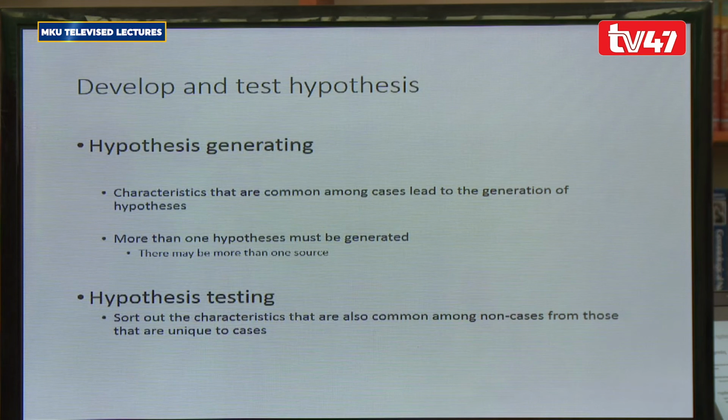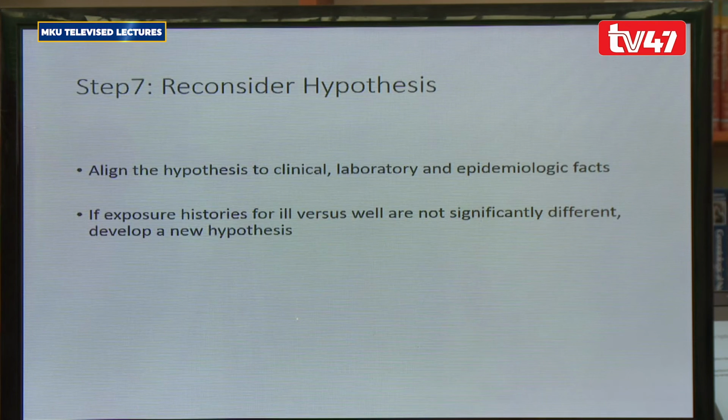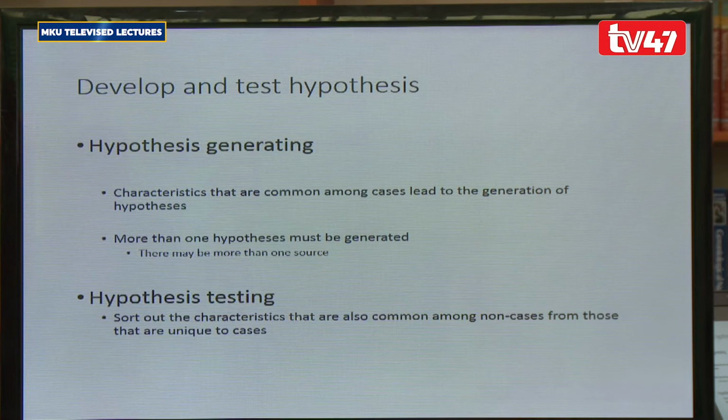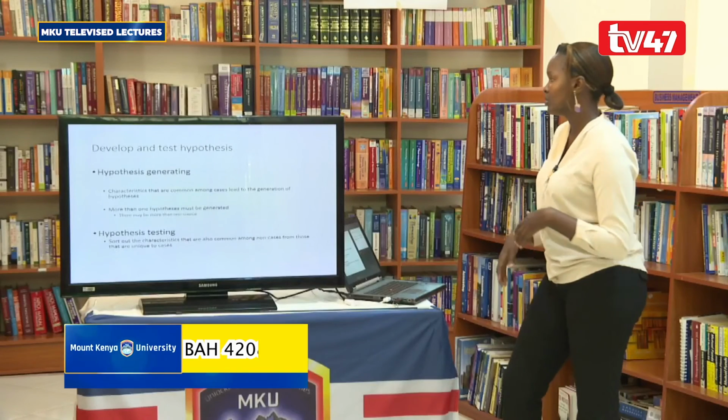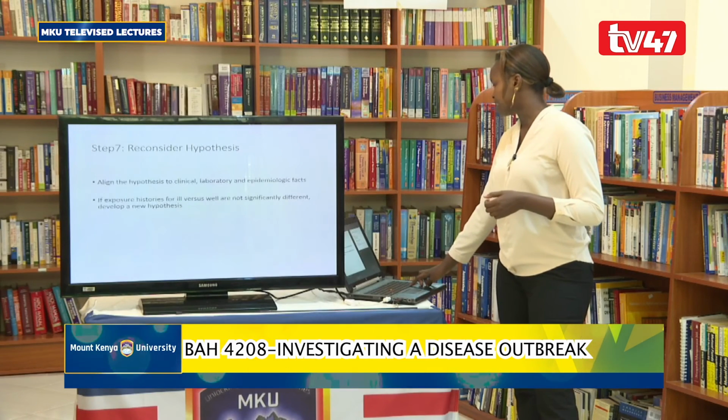So to generate the hypothesis, you of course use the descriptive epidemiology, and to test it, you sort out the characteristics that are common among the non-cases and the cases. And if there's no difference, no statistically significant difference between the cases and the non-cases, then you come up with a new hypothesis, and that's the next step.